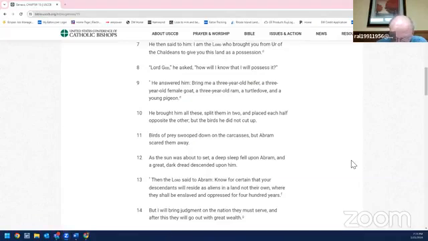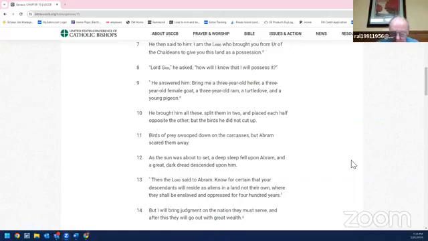He answered him, Bring me a 3-year-old heifer, a 3-year-old female goat, a 3-year-old ram, a turtle dove, and a young pigeon. Abraham brought all these things, split them in two, and placed each half opposite the other. But the birds he did not cut up.